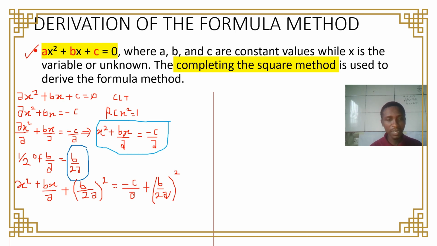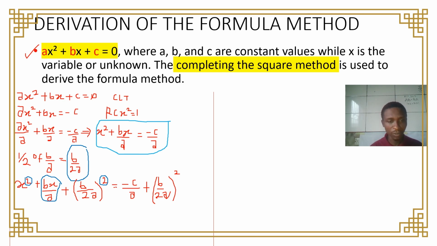Then the next thing is you have to work on both the left hand side and the right hand side. On the left hand side now, we have to eliminate bx over a. Why? Because that is the only one that is odd in the left hand side. You can see here on x we have squared, on b over 2a we also have squared. So bx over a is the only odd, so we are eliminating that in the equation.